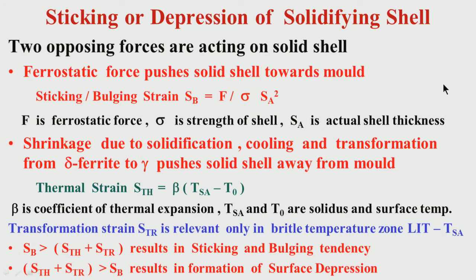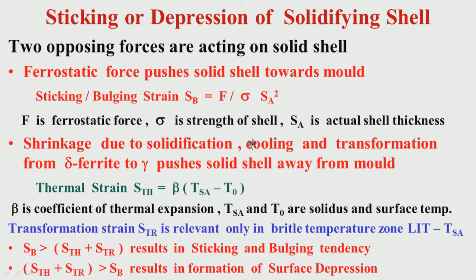Which force is more for a particular chemistry is dictated by the relative values of SB and STH plus STR, that means thermal strain plus transformation strain, because both thermal and transformation strains add up and cause shrinkage. So, shrinkage is due to solidification, cooling and transformation.